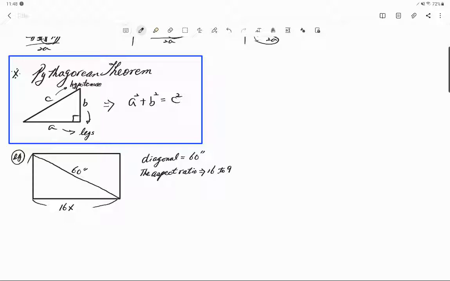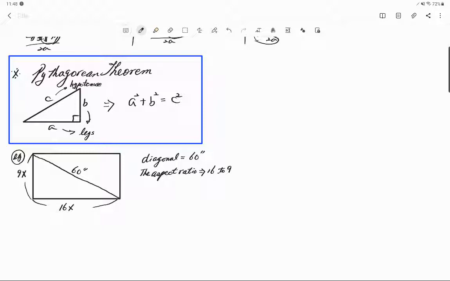Since this is a ratio, the width will be 9x. I don't know what the value of x is, but the ratio is 16 to 9.